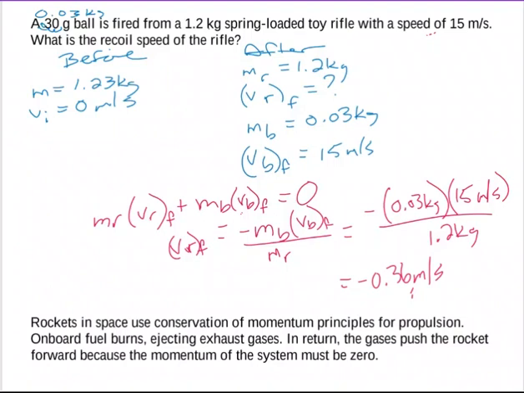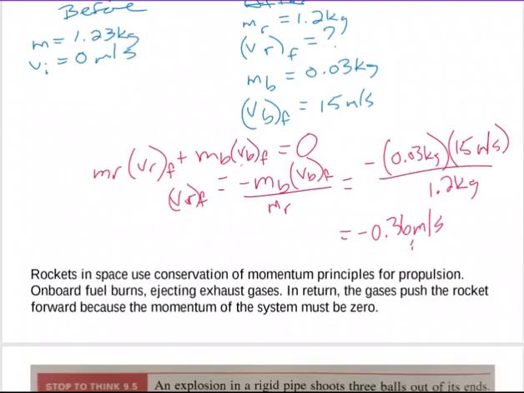For trajectory corrections, we spit out these exhaust gases, and in return those gases push on the rocket. Very small pushes make very nice little adjustments, and we can correct all of our trajectories in space. Because of the law of conservation of momentum, that's how we get around in space.